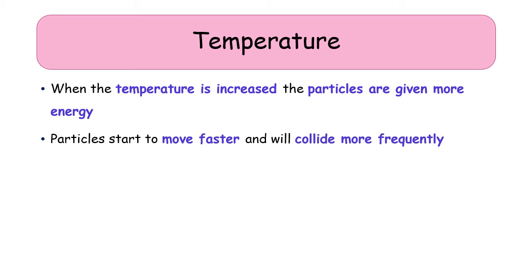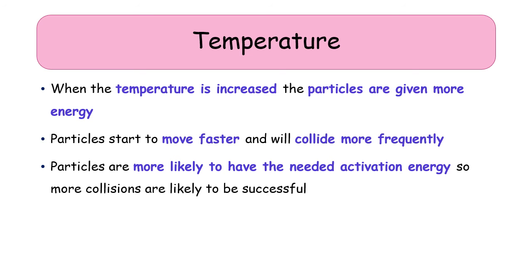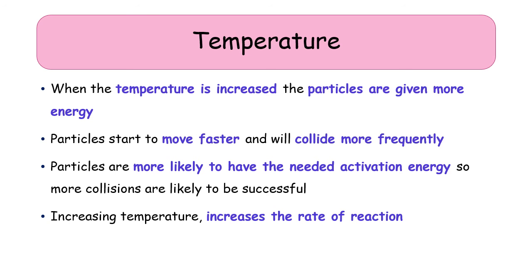The second thing that increasing the amount of energy that the particles have does is that it actually means that more particles are likely to have that required minimum amount of energy, the activation energy. So more collisions are actually going to be successful at being reactions. And so when you increase temperature, you really increase the rate of reaction quite significantly, more so than any of the other factors.